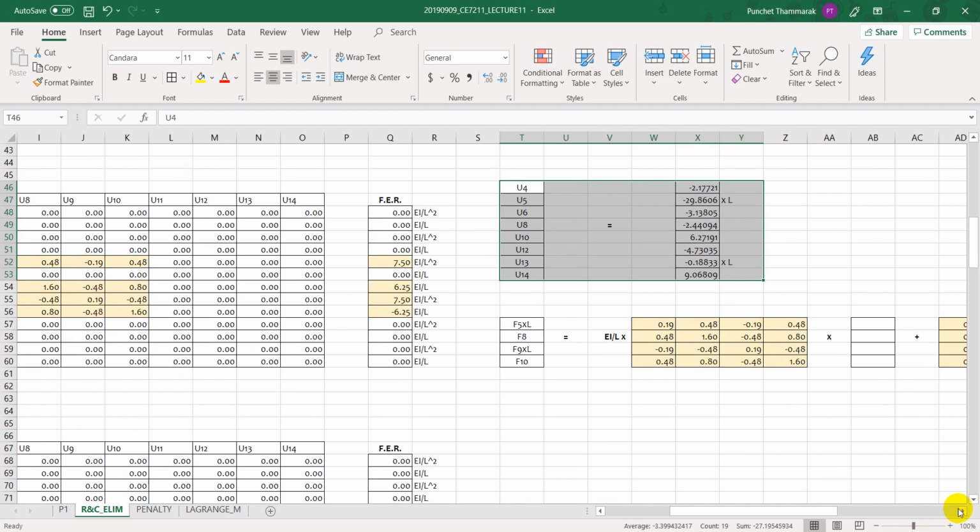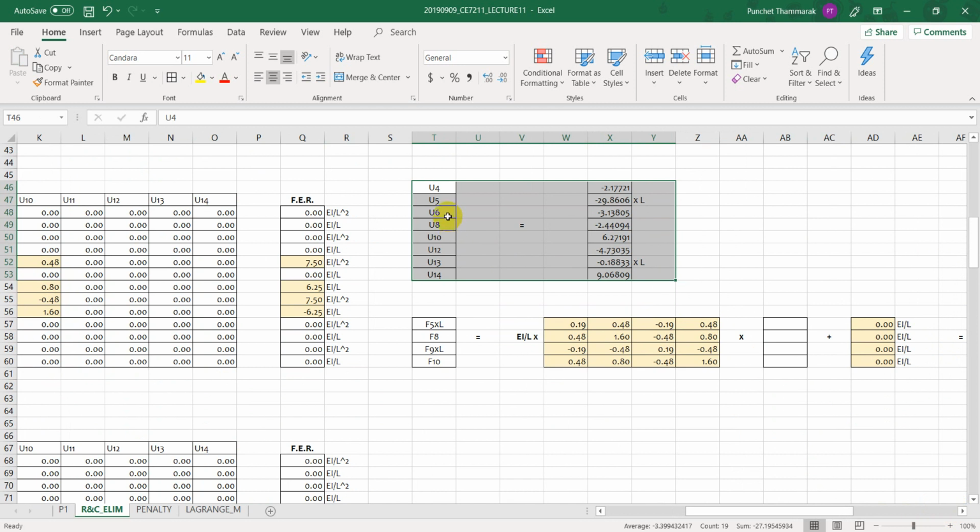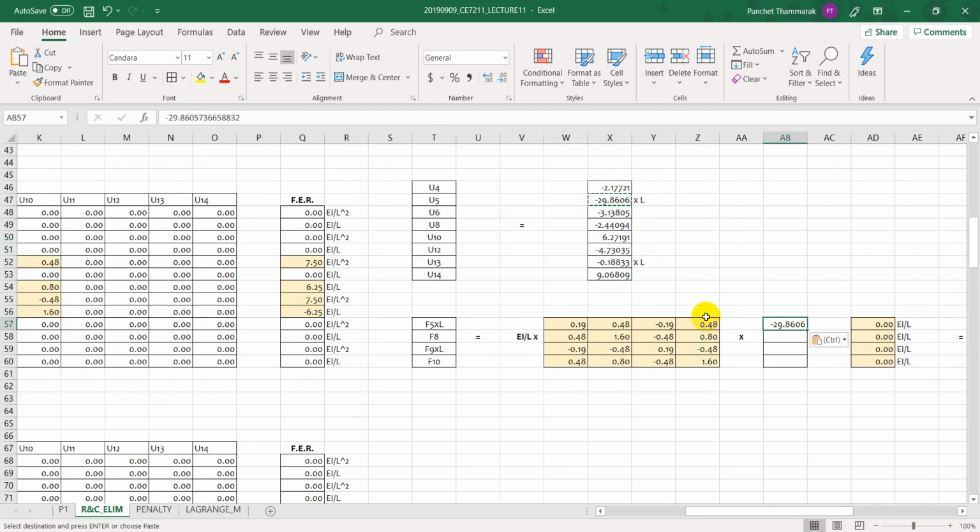So I need the U5, I need U8, I need U9, which is 0, and U10, which is 6 something.